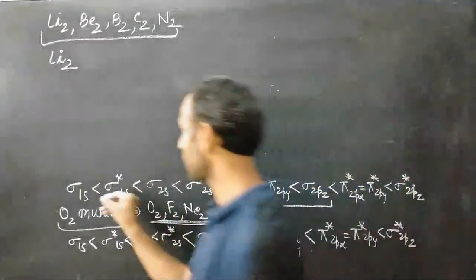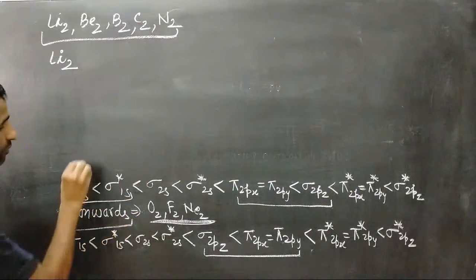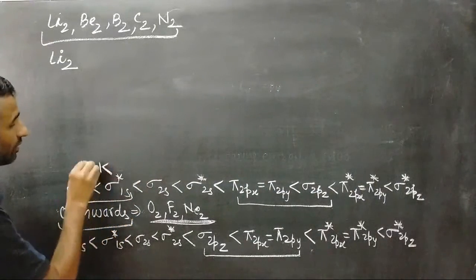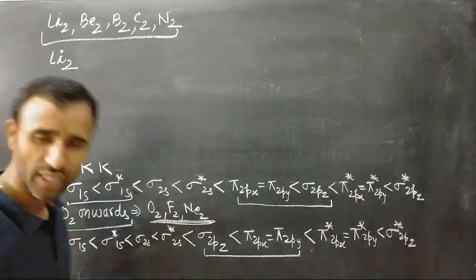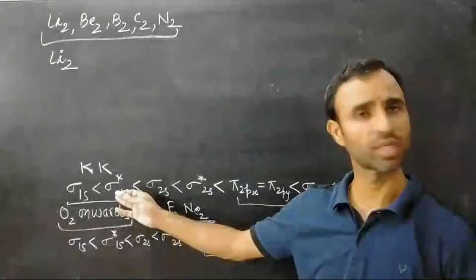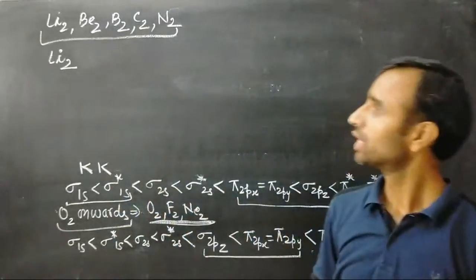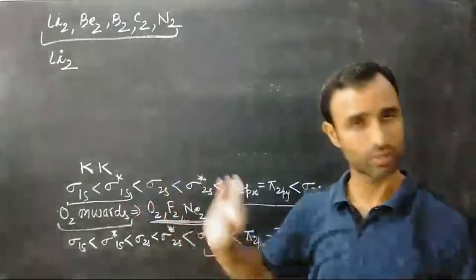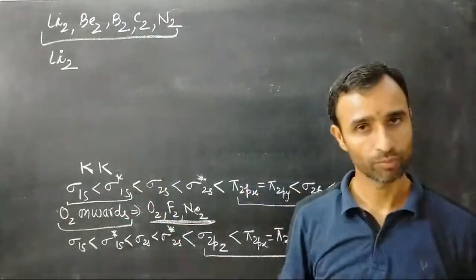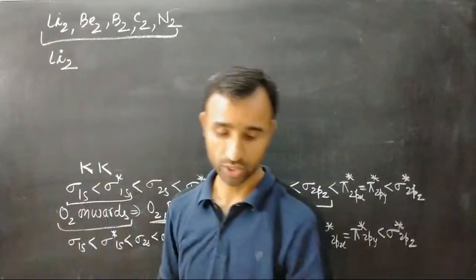For sigma 1s and sigma star 1s, most of the time we write it as K because it is in the K shell, inner shell. Either you write sigma 1s, sigma star 1s, or you can write K. So let us take this first. Lithium has how many electrons? Li2 has total 6 electrons.